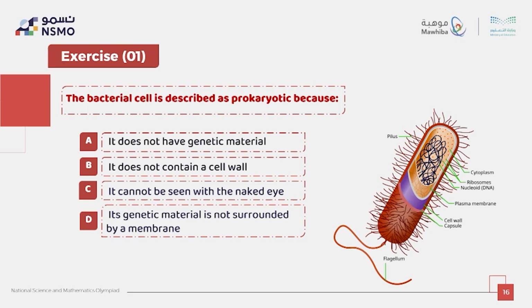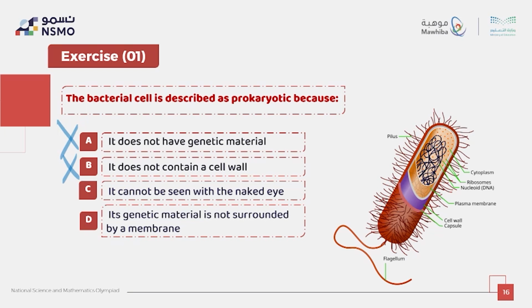So let's look at each option. The first option is incorrect because bacteria do have DNA. Otherwise, they could not survive or reproduce. The second one, B, is also incorrect. Why? Because most bacteria actually have a cell wall.